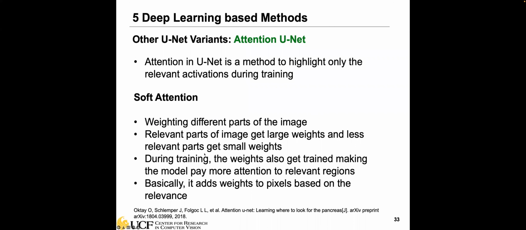Also, the weights are learnable, right? It's not like we hard code the weights, or we have some prior knowledge and hard code them. It's actually learnable. You let the network learn how much weight to put on each of the different regions.